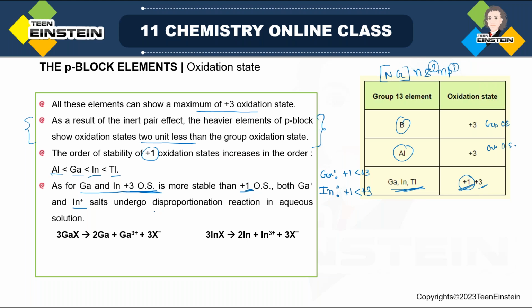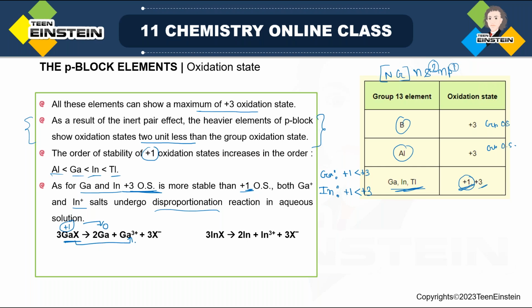So disproportionation means the oxidation state which is already there changes. Look at this formula, GaX. X is supposed to be any halogen. Here the oxidation state is +1 because from the formula you can understand halogen is always -1 oxidation state. So it is +1. And when it undergoes disproportionation, from +1 it becomes 0. That means it is gaining electrons. This is reduction.